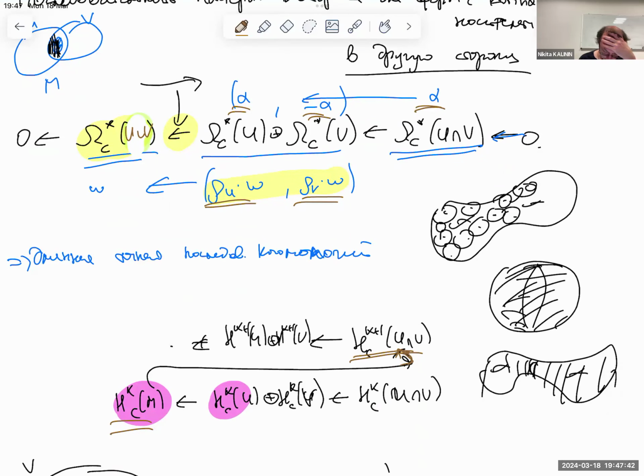We have a cohomology here. Then how do we get there? It seems that indeed we should multiply it by the partition of unity and then take d. Right, so it should be the same. Okay.